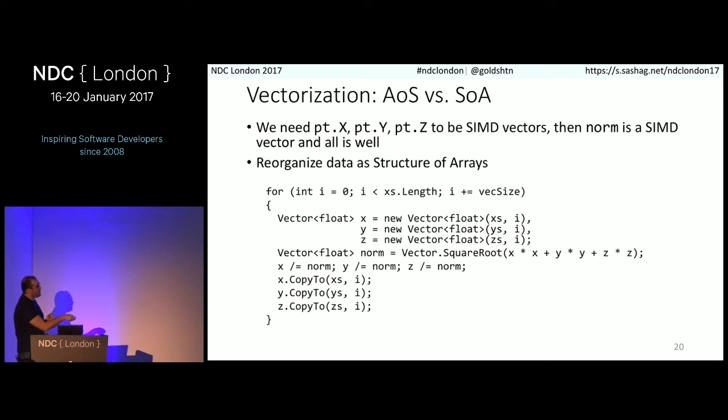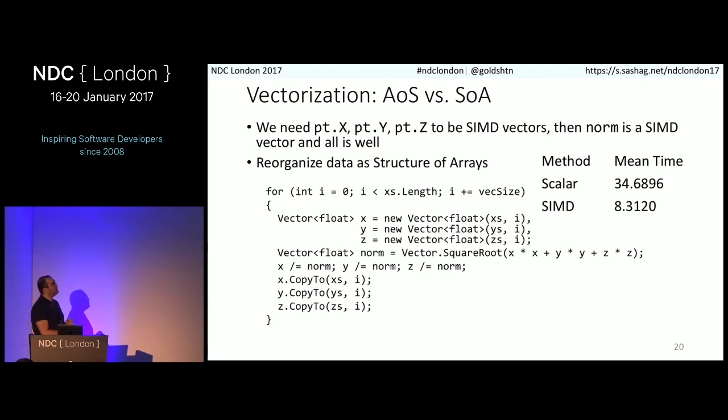Then you can divide the x, the y, and the z by that calculated result, which is still a vector, and then you can copy the results back to the arrays. And this is all roughly 4 times faster than the original algorithm, which is, again, worth the effort. It's not a 5% speedup from refactoring and complicating the code. It's a 4-fold speedup, which is hopefully for most users worth the effort.